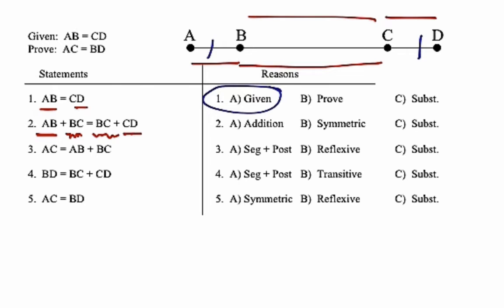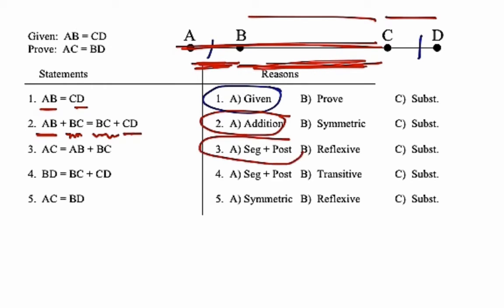So all I really did was made an addition of this middle segment BC because the addition property says that's okay. Now in the next statement, I see what I thought. AC, the whole segment from A to C, is equal to AB plus the other part, BC. Well, that's the segment addition postulate that says it's okay to add those two pieces together to equal the whole thing.